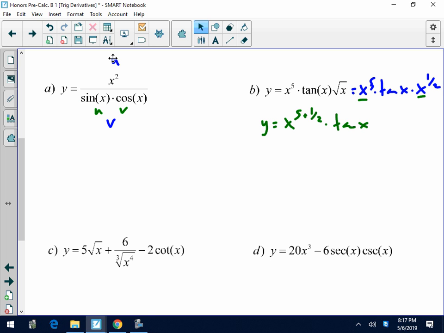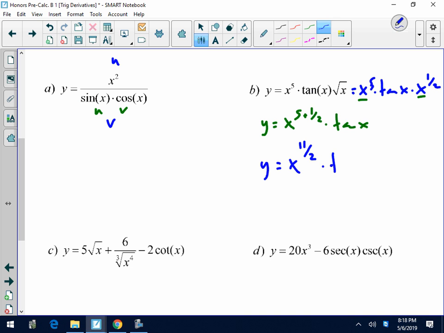And right here, from there, we can say that our x to the 5 plus 1/2 would be y equals, and I might even write this as x to the 5.5, right? And our x to the 5 plus 1/2 can be written as x to the 11 over 2 times our tan x.